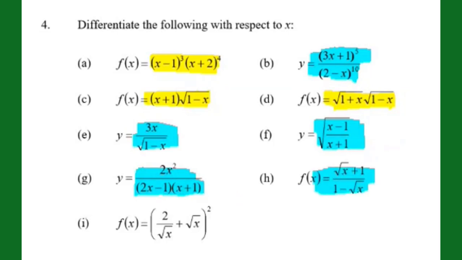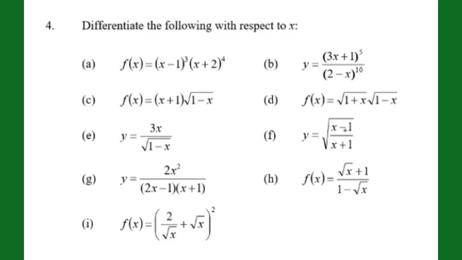This one is special because we expand first, then differentiate. This one uses the product rule: this one is u, this one is v. Product rule, and then u equals uv, right?